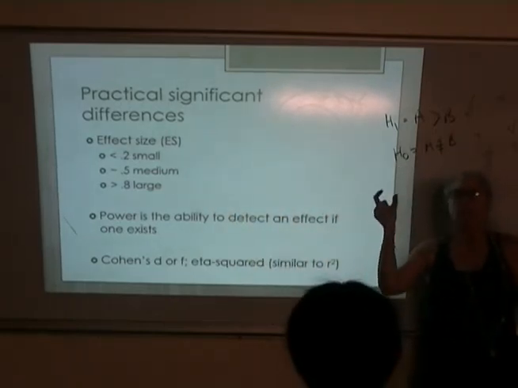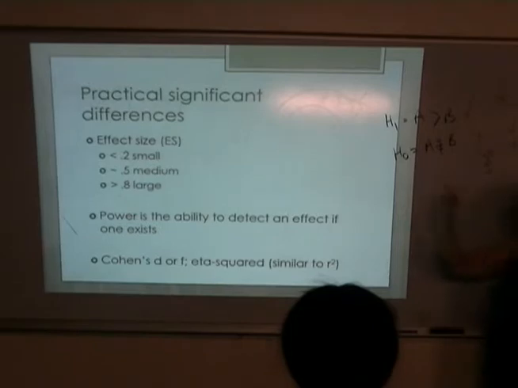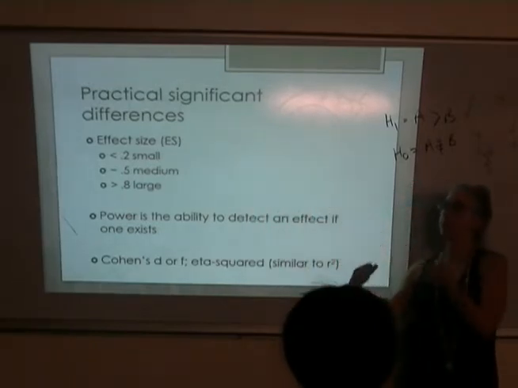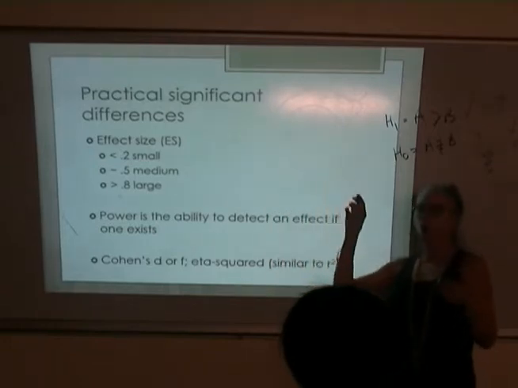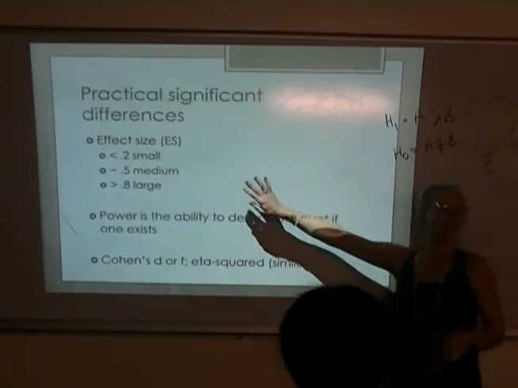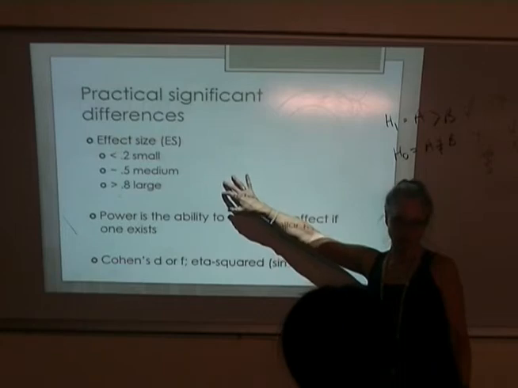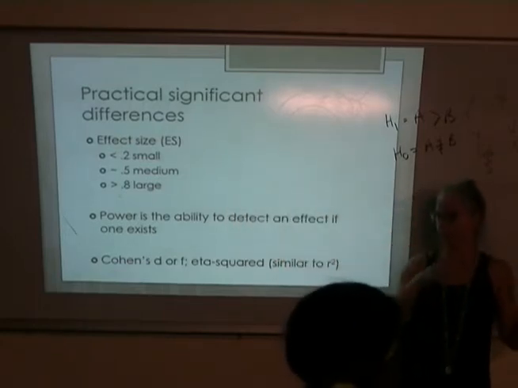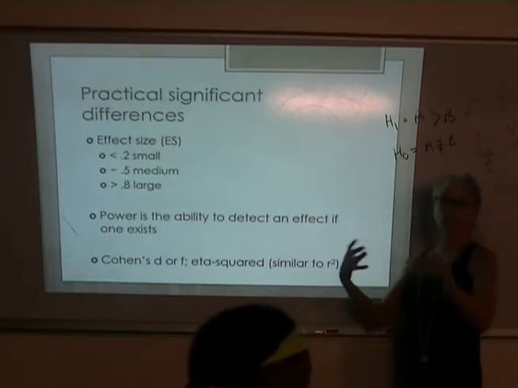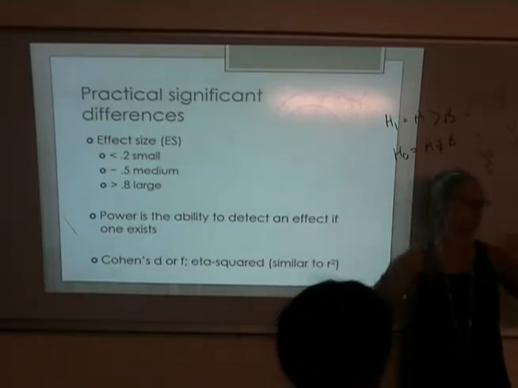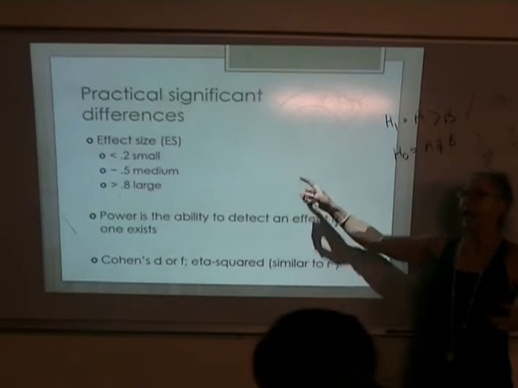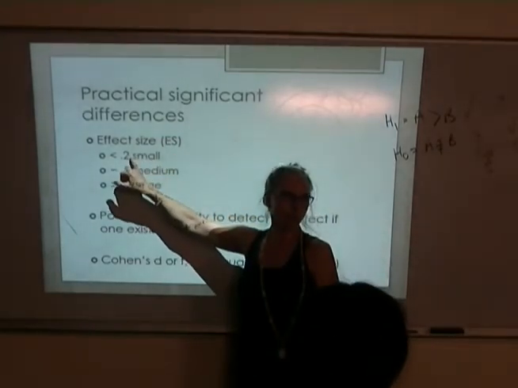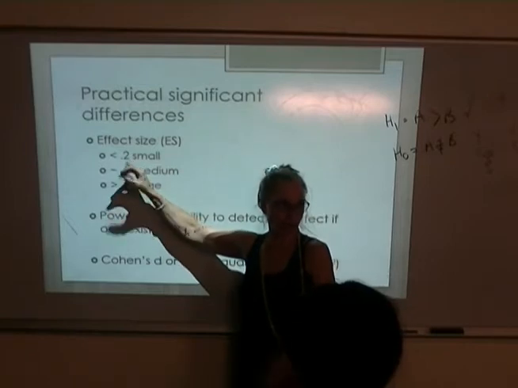Right? So that's another clue to the papers when you're reading them, because often authors will leave out reporting effect size, and they'll report the significance and the P because they've got significance and that's what they want to sell the paper on, and they're not going to tell you that their effect size was 0.01, right?